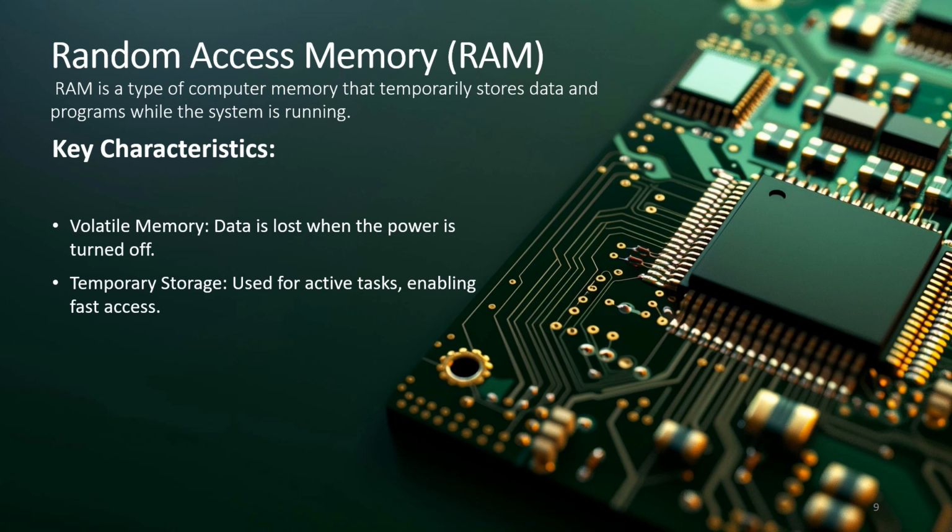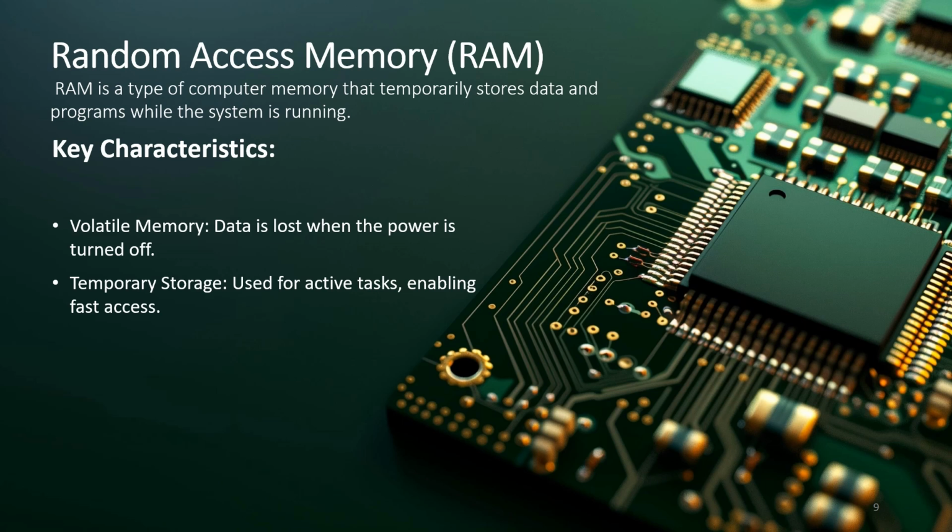Data in RAM is lost when the computer is turned off, which is why it is used for temporary storage while running programs. Common types of RAM are DDR3, DDR4, and the newer DDR5, each offering different speeds and efficiencies. The capacity of RAM allows the computer to handle multiple applications simultaneously and improves multitasking capabilities.